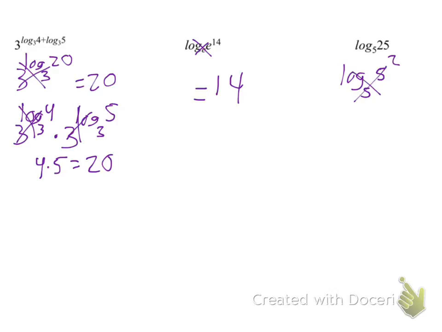And now they cancel, so the answer is 2. You cannot put a 5 in front of the log because that would change the problem. You can move the 2 out front, but then you would have log base 5 of 5 to the first, so it'd become 2 times 1, which is still 2. That's okay.